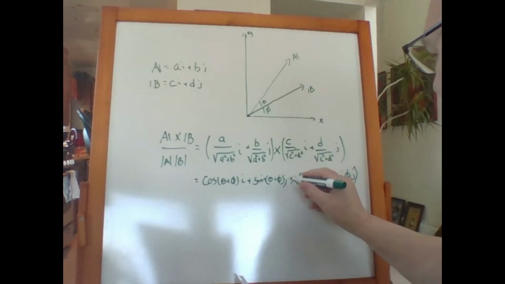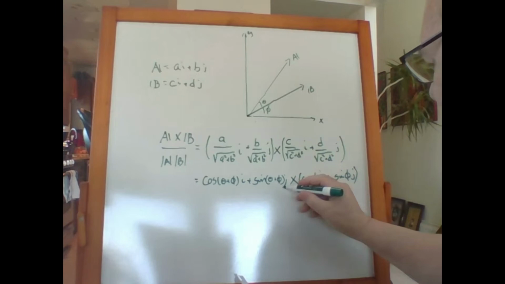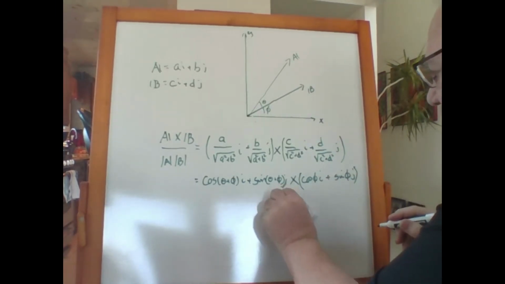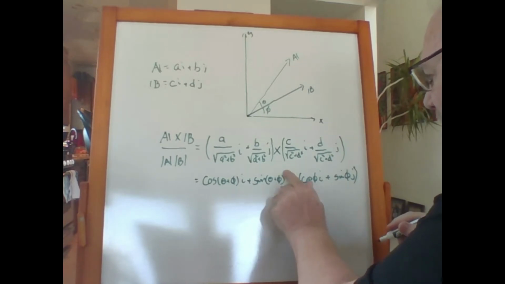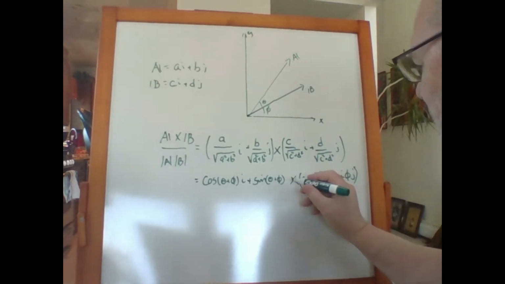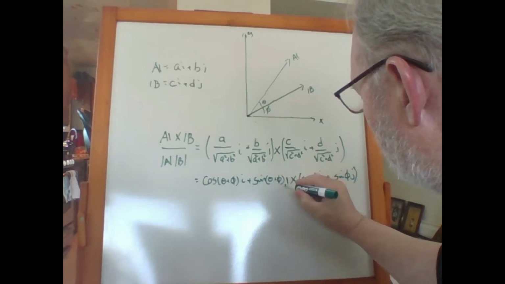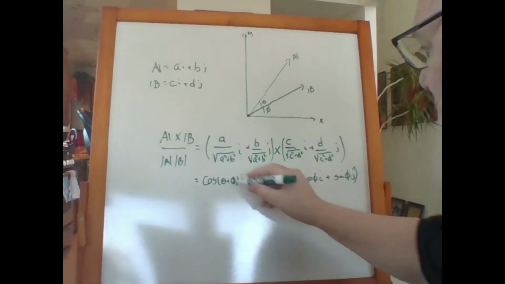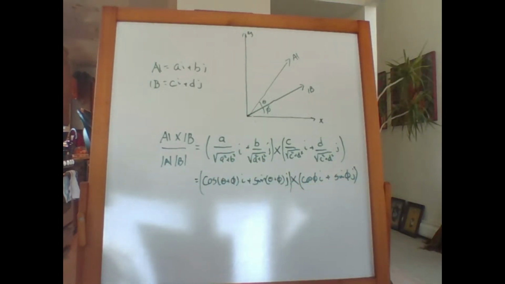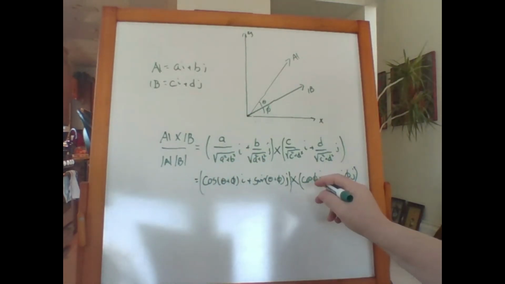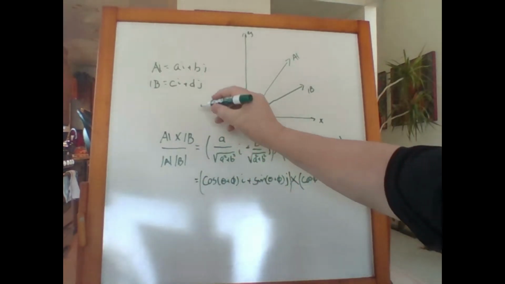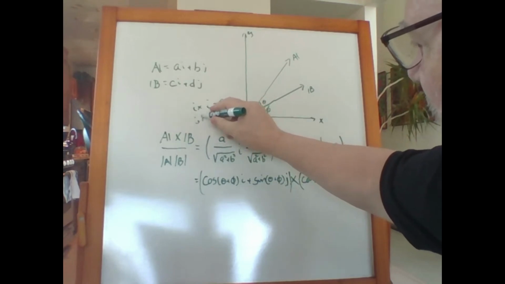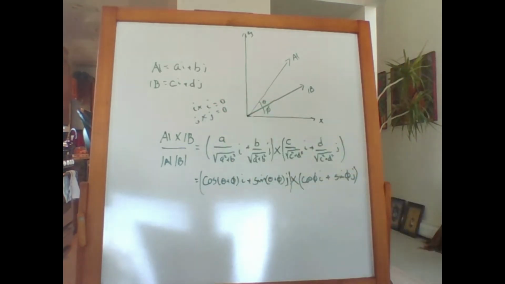We'll bracket that. Okay, like components are zero. Remember, I cross I equals 0, J cross J equals 0.